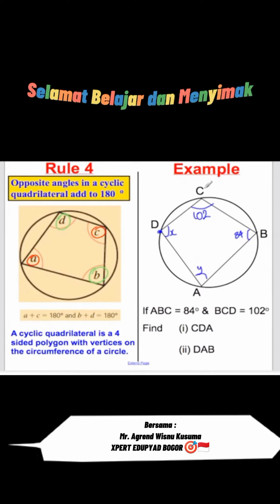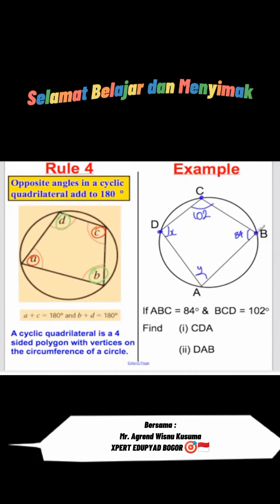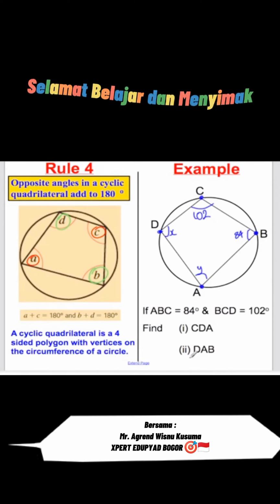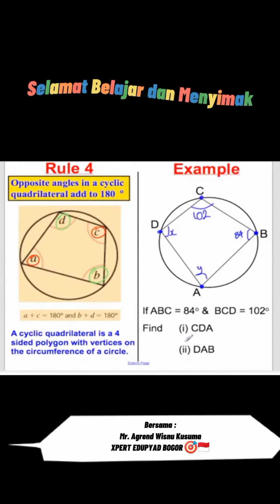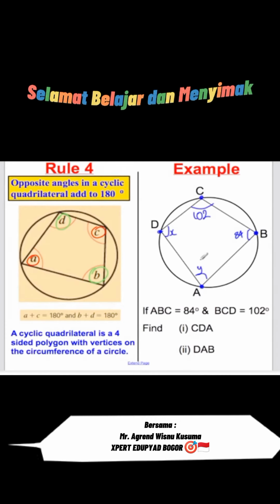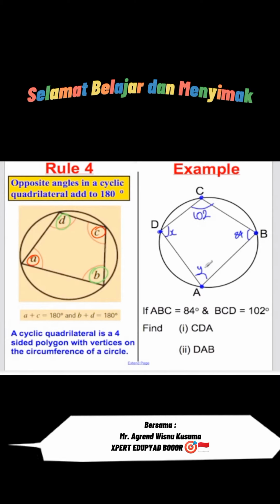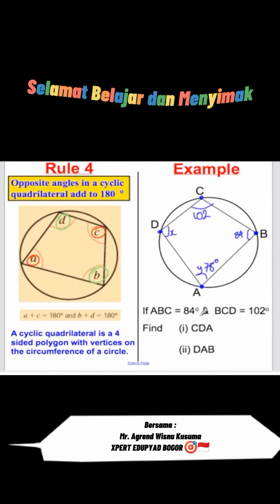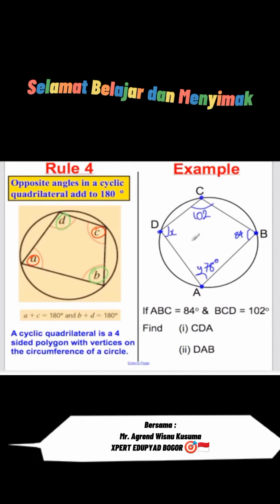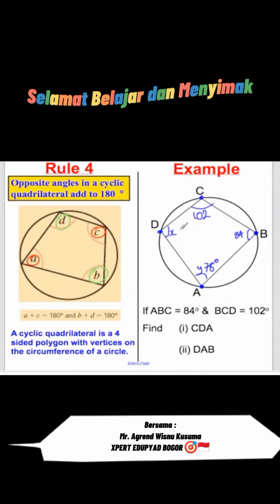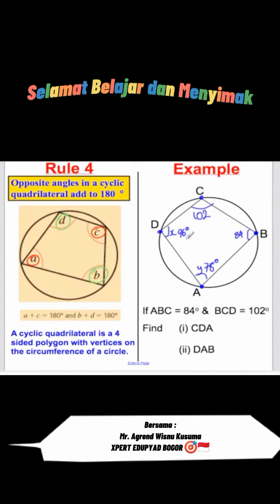Well, we have a quadrilateral whose edges lie on the circumference of a circle. So we know that this rule about opposite angles must add to 180. So Y must be whatever number it takes to get that to 180, so Y must be 78 degrees. And similarly, X must be whatever it takes for these two to add to 180, and it would be 96 degrees.